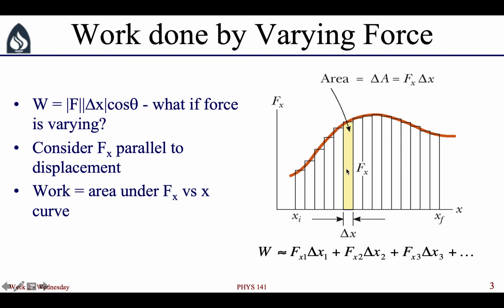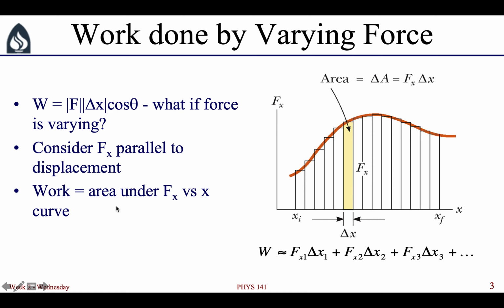Now, you can imagine making these rectangles narrower and narrower, looking at smaller and smaller changes in the displacement. And if we do that, then the force for each one of these little rectangles doesn't change very much at all. And the area of each rectangle, if we add them all together, becomes a better and better representation of the amount of work that's done on the object.